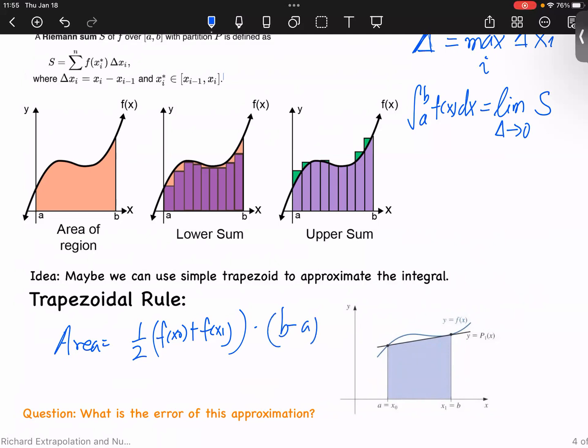And we are going to use this area to approximate the integral of f(x) on the interval [a, b]. This is one simple situation. We are using the trapezoid area to approximate the integral here.